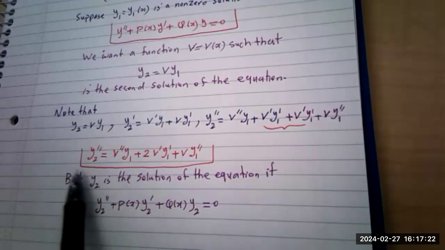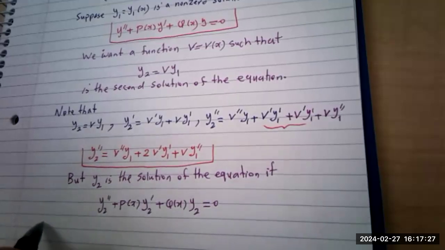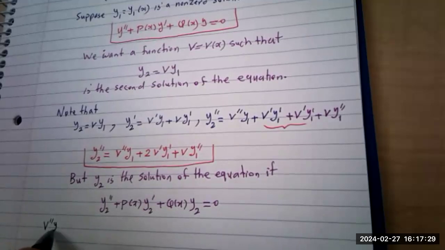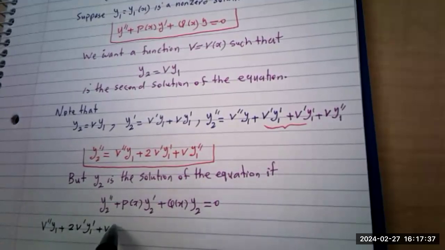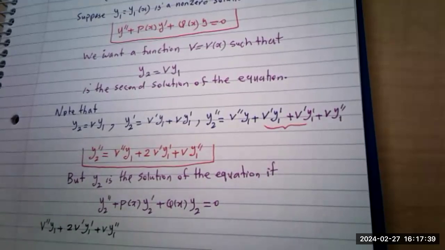This is y2 double prime, which is v double prime y1 plus 2 v prime y1 prime plus v y1 double prime. So that is so far for the y2 double prime.